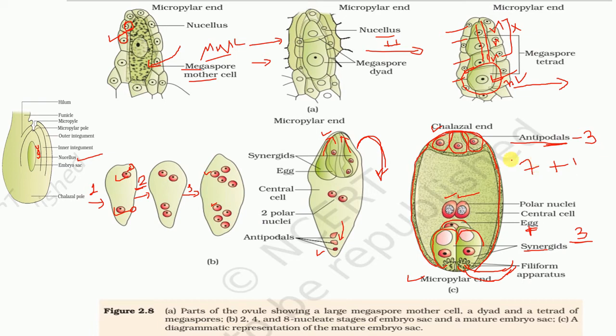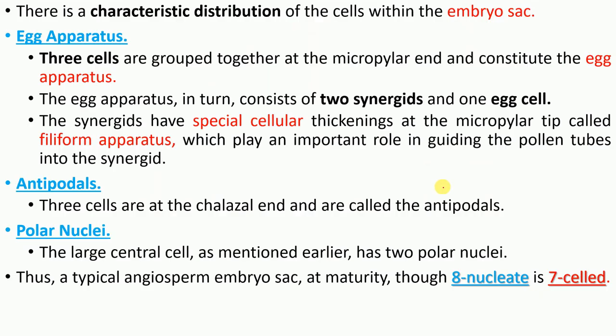And how many nuclei are there? You can see here 1, 2, 3, 4, 5, 6, 7 and 8. So there are 8 nuclei but 7 cells. So it is an 8-nucleate and 7-celled angiosperm embryo sac. Most embryo sacs in angiosperms are 8-nucleate and 7-celled.